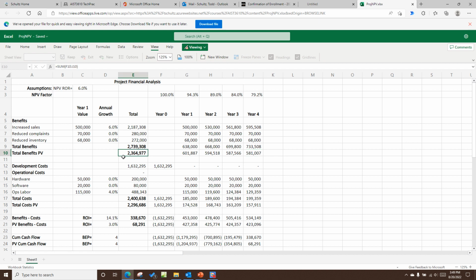And we say that here it's just adding all these up, but the present value of benefits is really 2,364,000, instead of the nominal 2,739. So this is really what we kind of expect. I know in the book they break out development costs, several items, but that has no dynamic year by year to it.